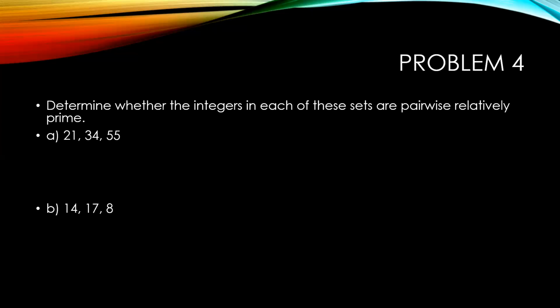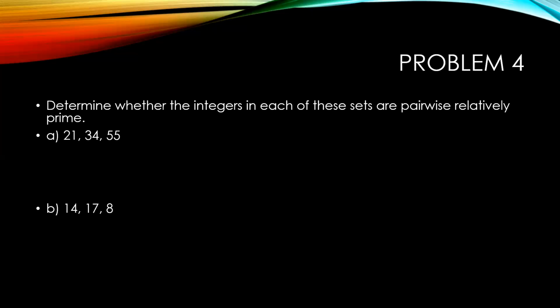If we say pairwise relatively prime, we're going to pair the given. So how many combinations from 3 given? So we have 21 and 34, 21 and 55, and 34 and 55. And check if each pair is relatively prime. If one of the pairs is not relatively prime, then the given is not pairwise relatively prime.